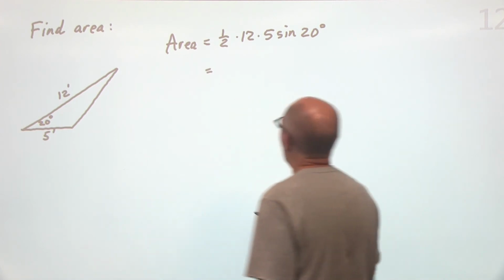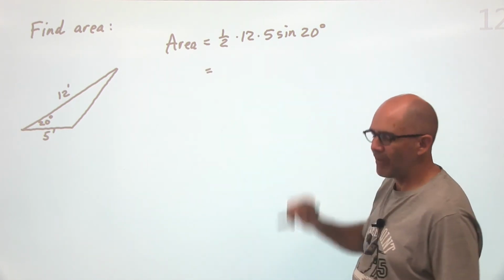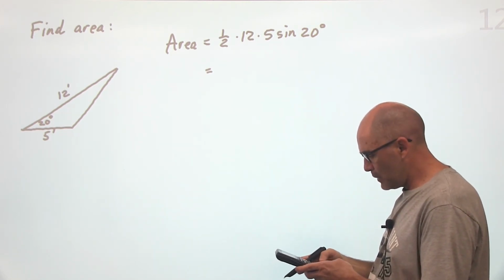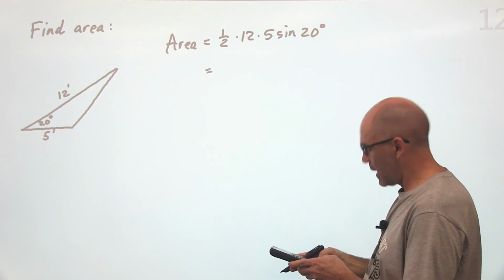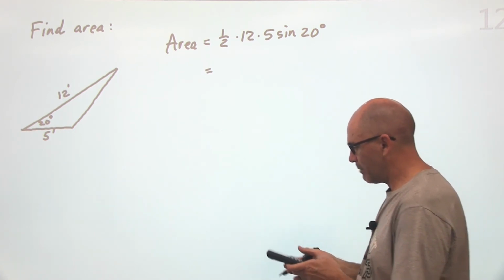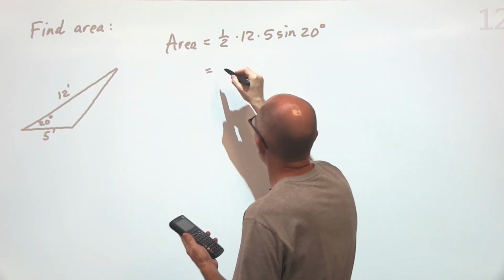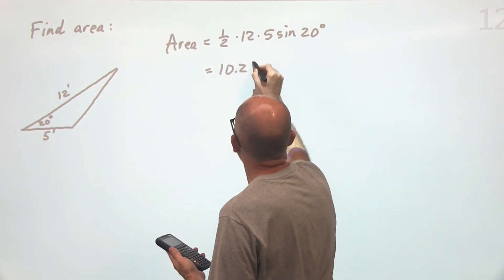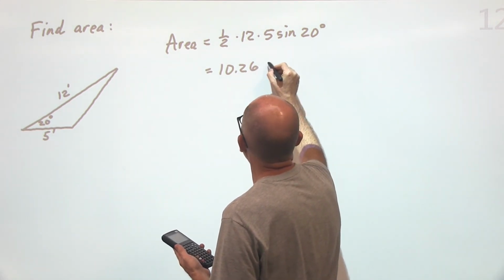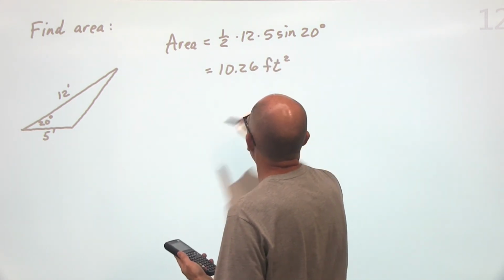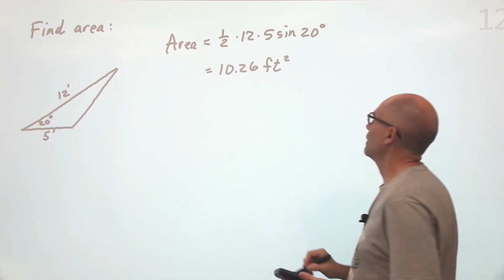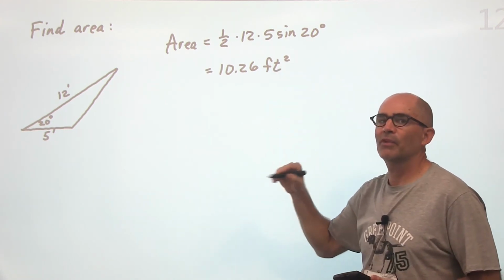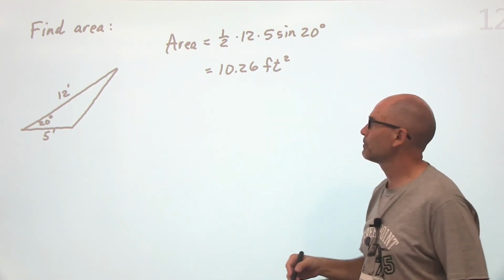Now, I'm not going to go 1/2 times 12 times 5 in my calculator, because I know half of 12 is 6, 6 times 5 is 30. So all I'm going to do is go 30, enter, 20, sine, times. Bam! And the area is 10.26 square feet. Notice the sides are feet, so the area is going to be square feet. Notice also, you write it feet to the second power, you say it square feet.